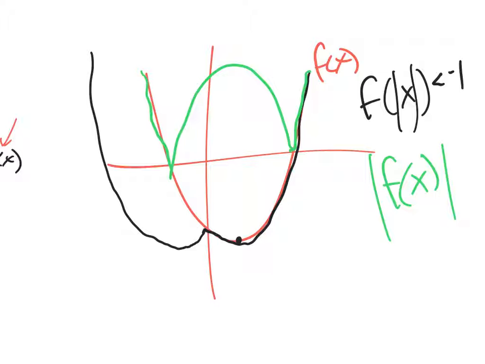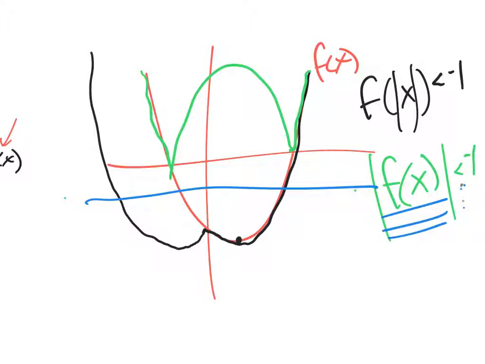Then what if I said, when is that less than -1? Here's the line y equals -1. When was this function less than -1? Never was. No solution.